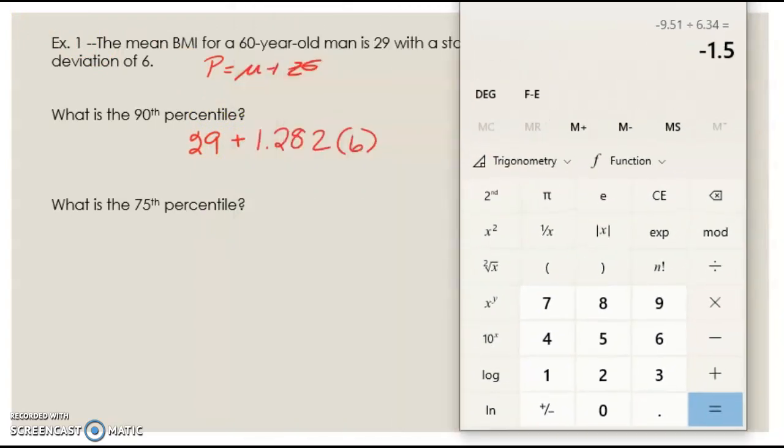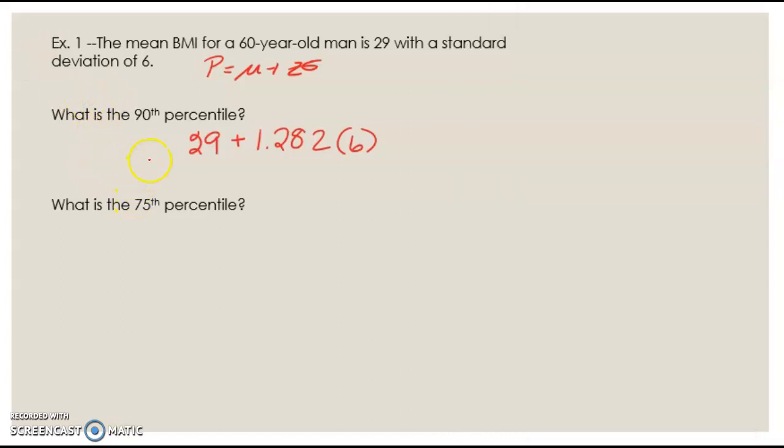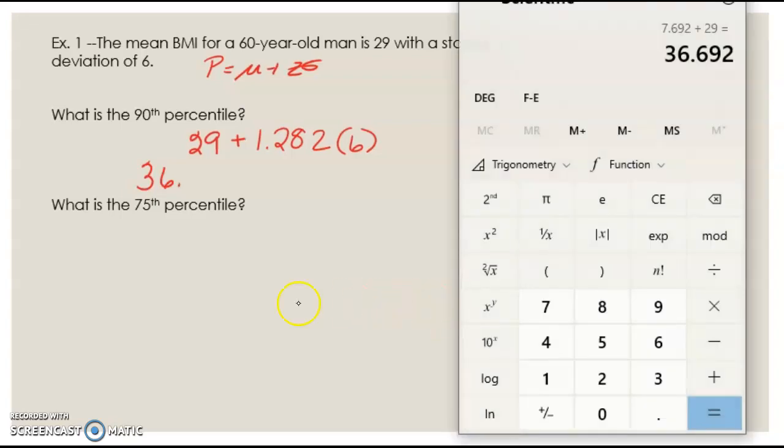So 1.282 times 6 equals, plus 29. So the 90th percentile is at 36.692.